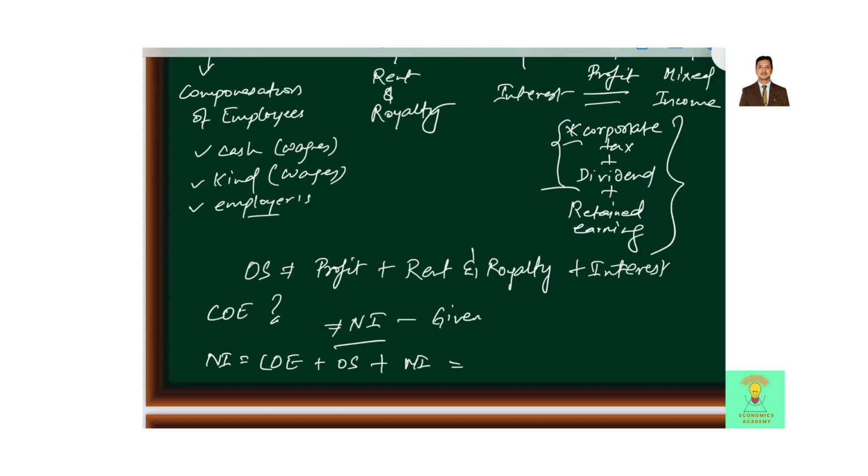So from NDPFC to get NNPFC, we have to add NFI, that is net factor income from abroad, right? So we also add NFIA in order to find the national income, right?